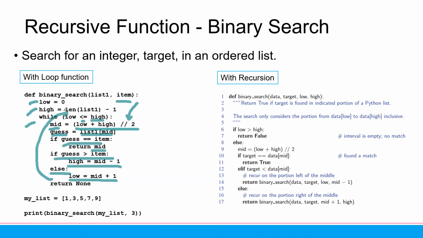And then you will check again here. It will be a loop until you return none. So if there is no such value, it will be known if the low value is higher than high.